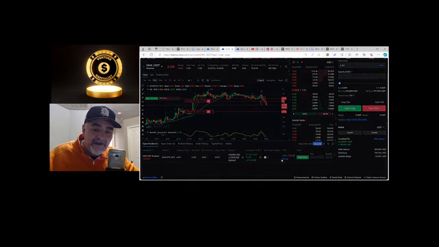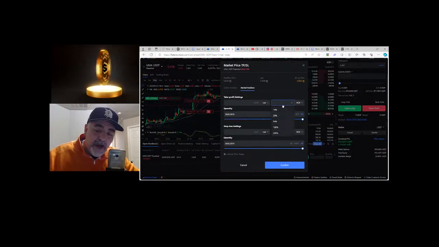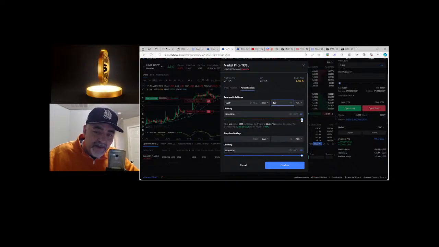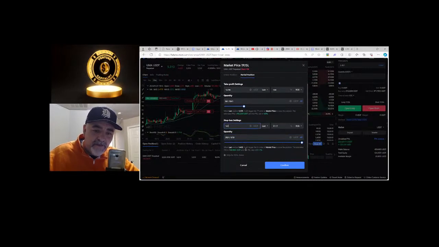So then I hit the plus sign. I'm going to go to 100% profits, and then I'm going to set that at 25%. So when it hits 100%, I'm going to snag 25% of the profits. And then on my stop loss, I'm going to put in $5.40, right? Which is equivalent to 57%.